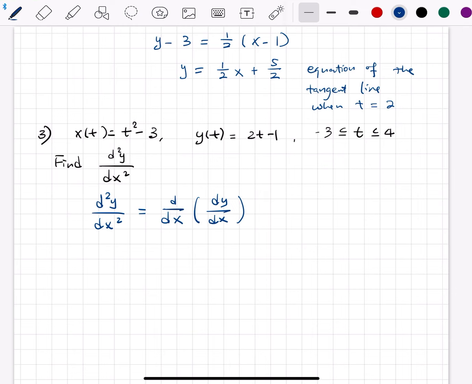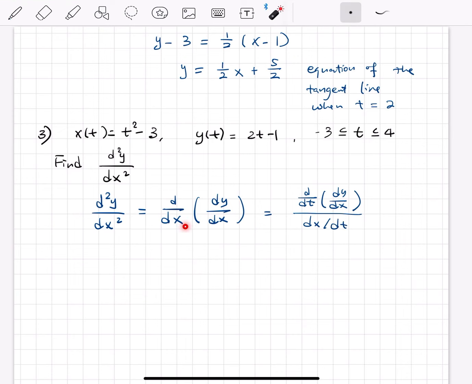What that means is d dt of dy dx, over dx dt, because we do not have d dx, so we have to rewrite it in terms of derivatives with respect to t. So pretty much we're taking the derivatives with respect to t.